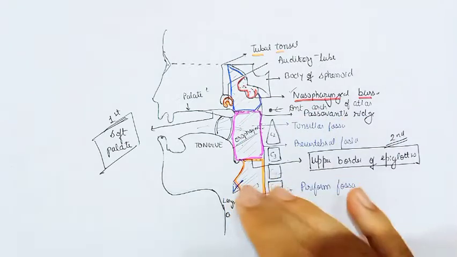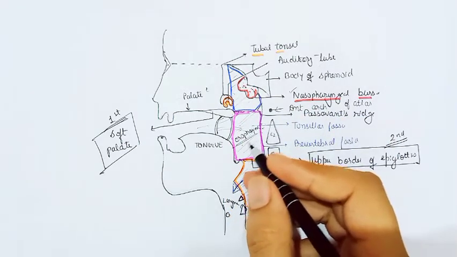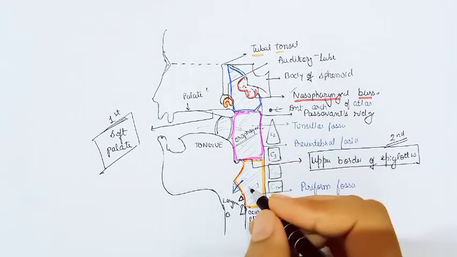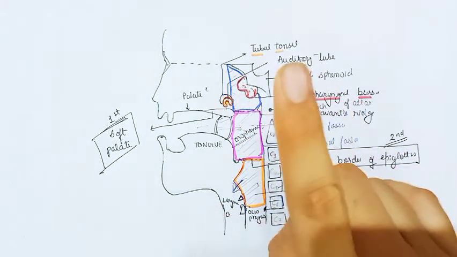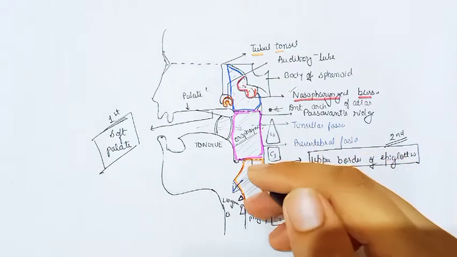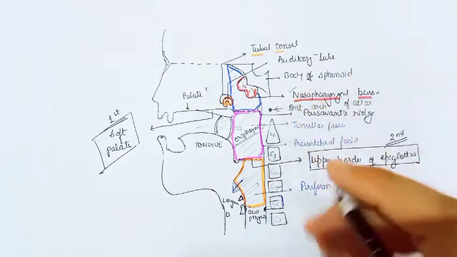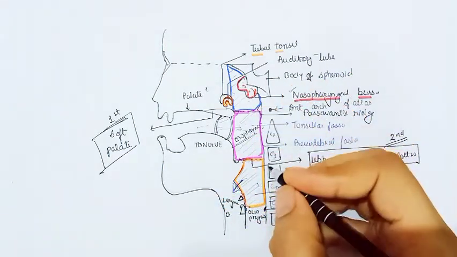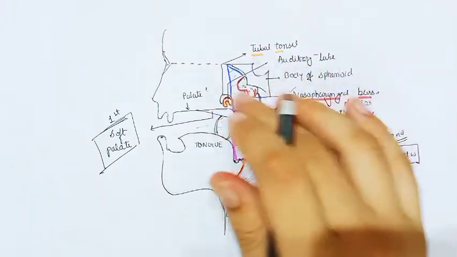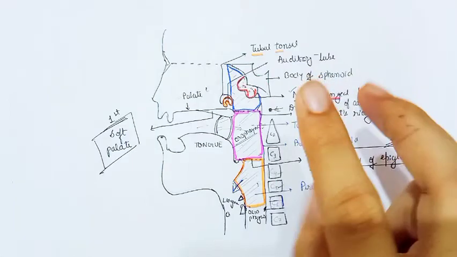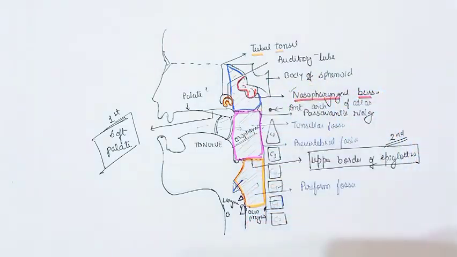The laryngopharynx communicates above with the oropharynx, below with the esophagus, and anteriorly with the larynx. So the nasopharynx has two communications, and the rest have three communications.